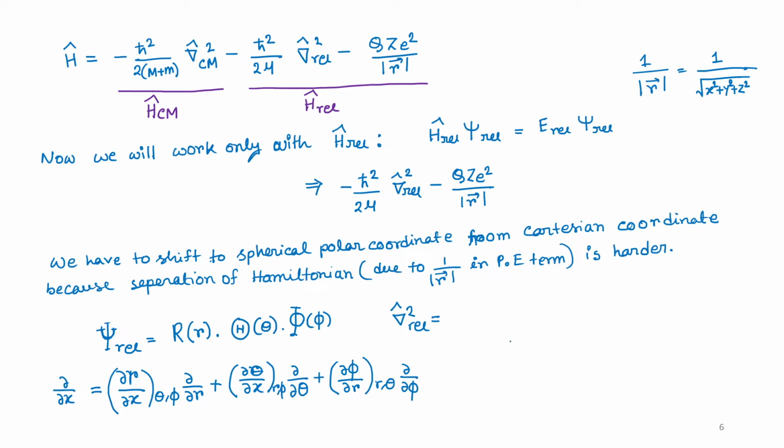And you already know that z equals r cos theta. These are the polar coordinates. x is r sin theta cos phi, y is r sin theta sin phi.